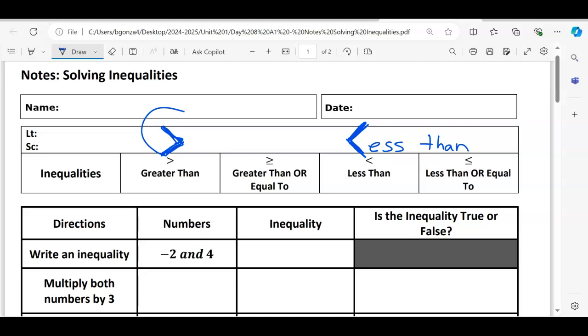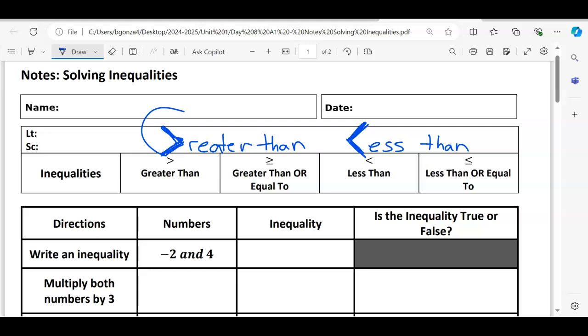Now, which way is it pointing? It's pointing to the right where all the greater numbers are. You know on a number line, the greater numbers go to the right. So it's pointing to the greater numbers to the right. It's opening to the left. Okay? Eating the smaller one. Okay, so if it points to the right, that's a greater than sign. You got to know which one's which. So again, less than looks like an L, greater than points to the right, and you can make a G out of it.